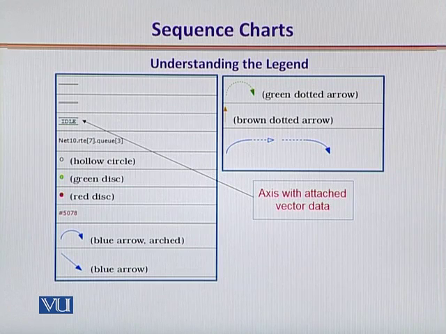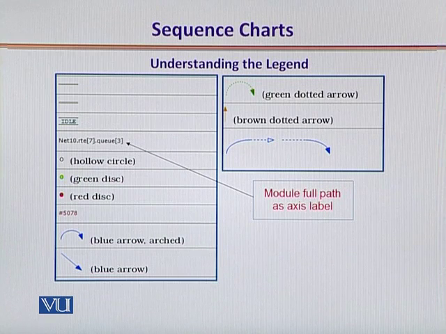If we want to annotate a module with some kind of vector data, for example, the names of different steps or the sequence of steps in the life of a module, we can do that by attaching the vector data to the particular module and its axis. This shows the module full path as the axis label.